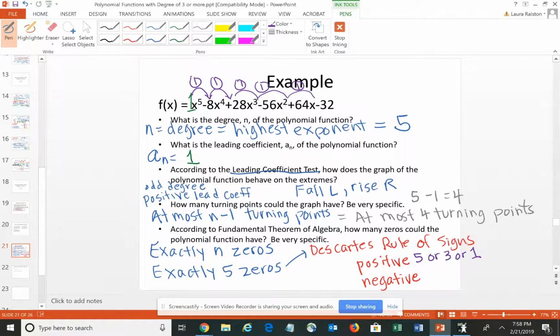To decide whether we're going to have negative zeros, we have to substitute negative x into the equation.